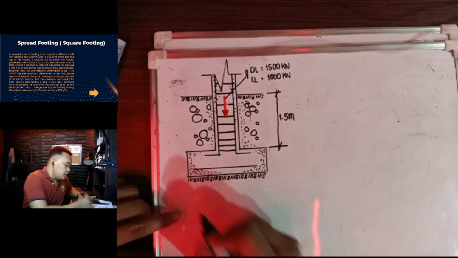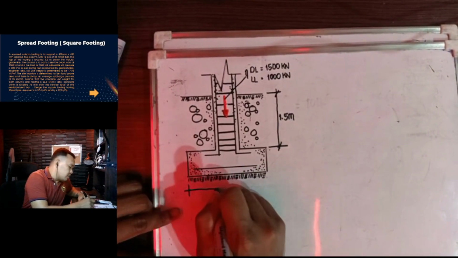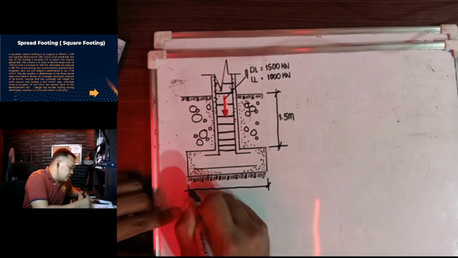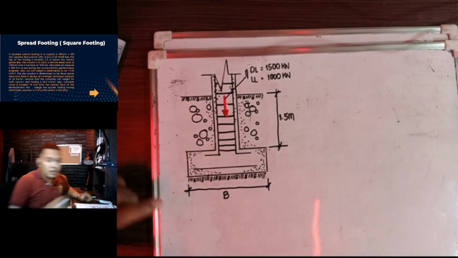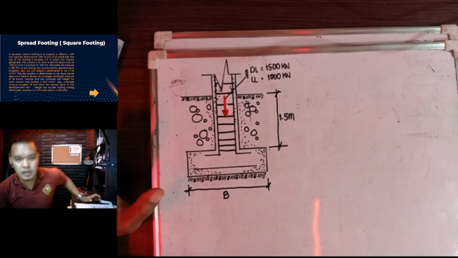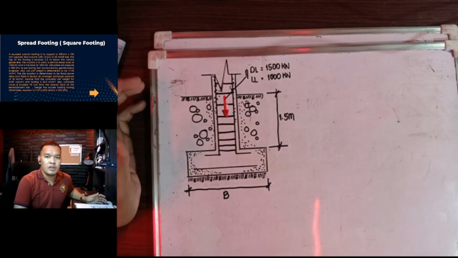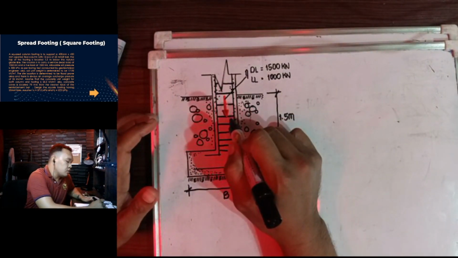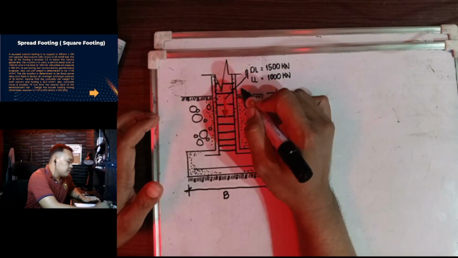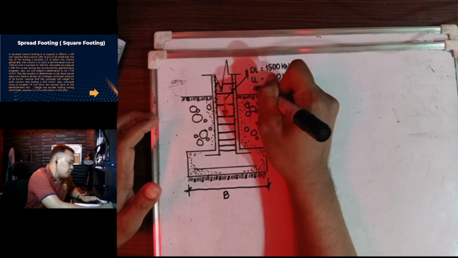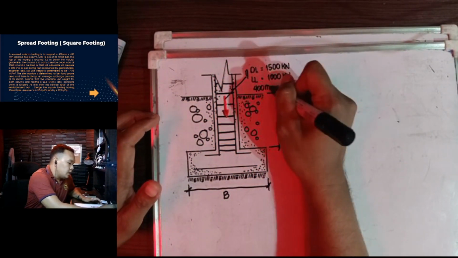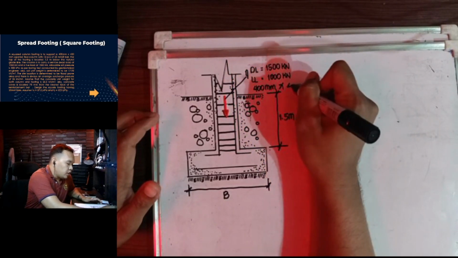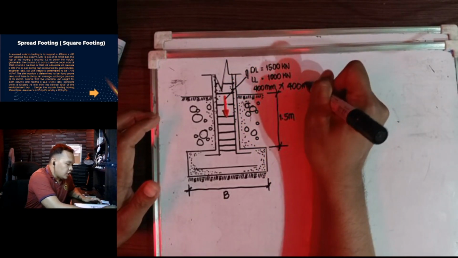Then this is B, the dimension that we need. When we compute, you need to know how to understand the problem. We also have the dimension of our column, which is 400 mm by 400 mm.